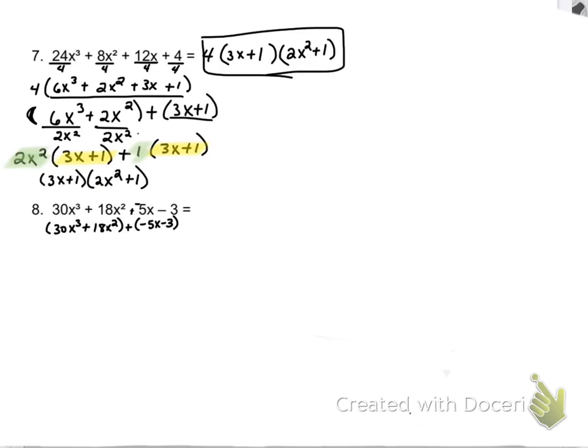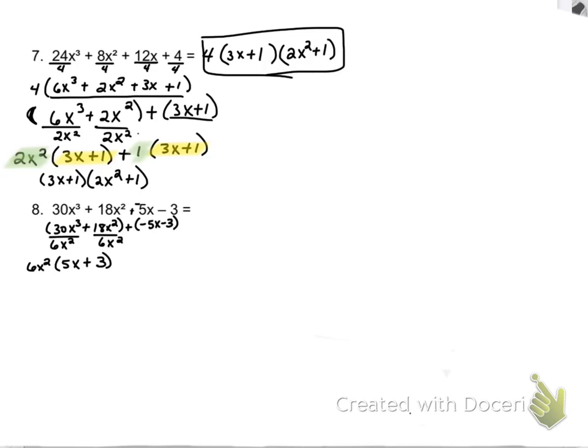All right, so let's look now. What's the greatest common factor in the first group? They're both divisible by 6, and both have at least 2 x's. So they both have x squared in common. So once I factor out the 6x squared, I'm left with 5x plus 3.